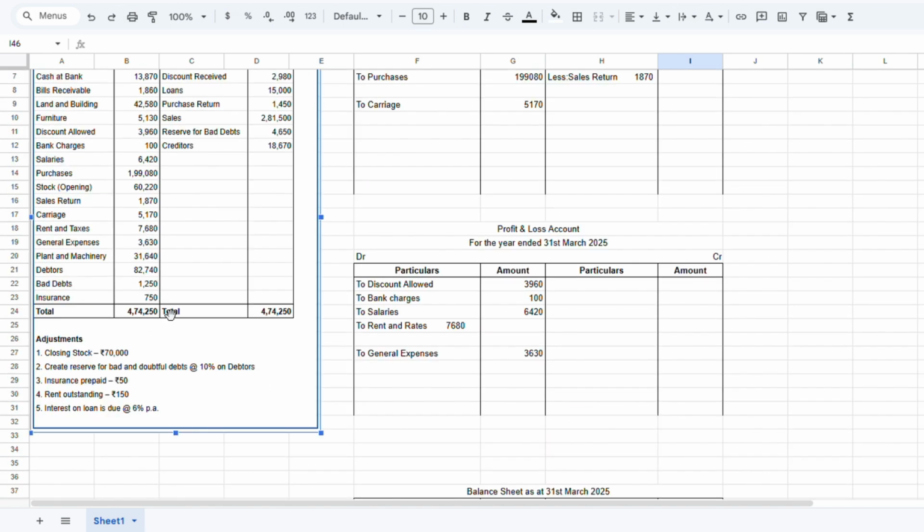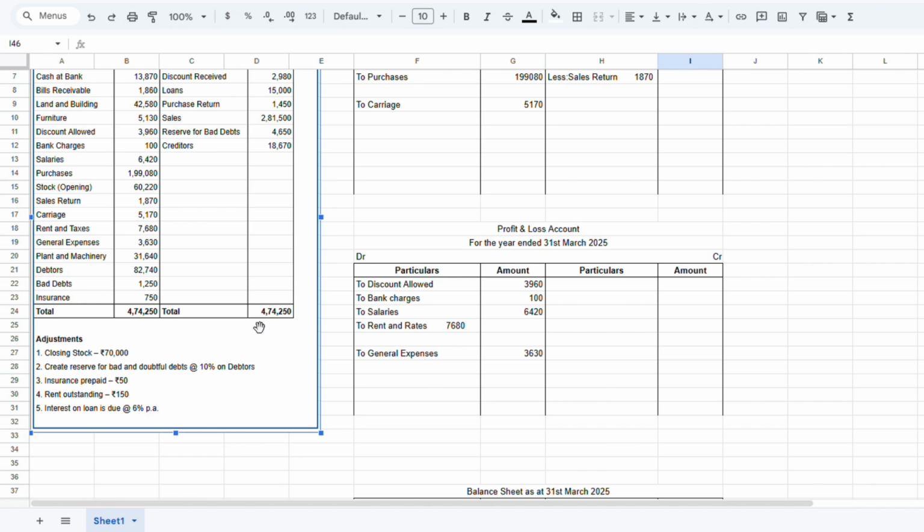Next, we have bad debts. Bad debts are those debts that we cannot recover. For example, we have sold the goods, and the customer who has to pay us is called a debtor. If the customer is unable to pay, for example if they went insolvent, then it becomes bad debts.